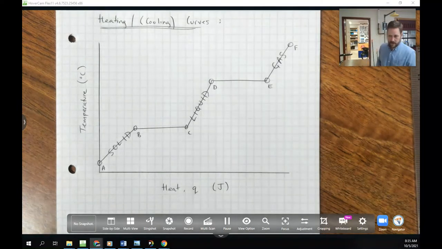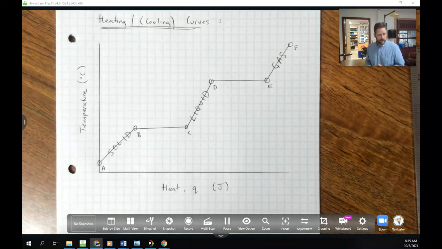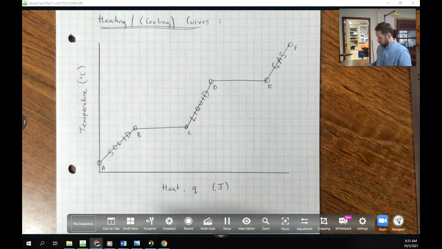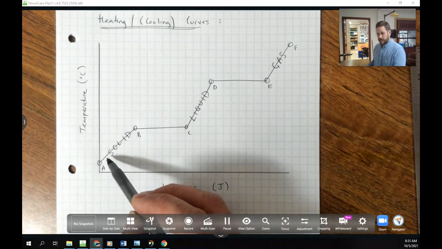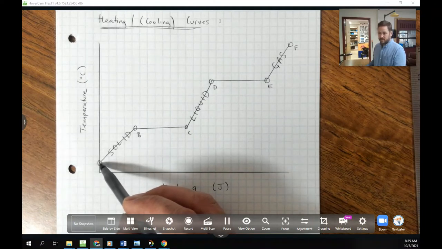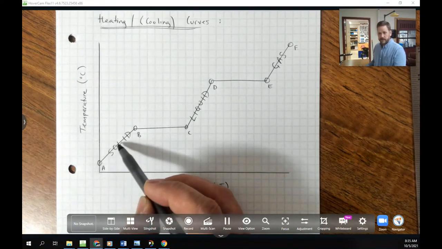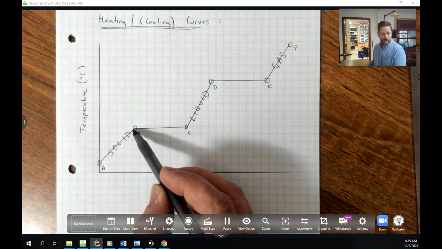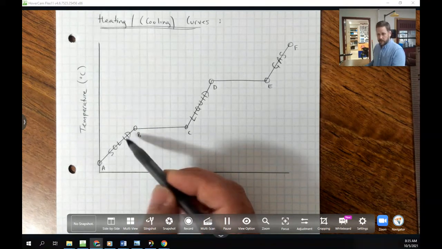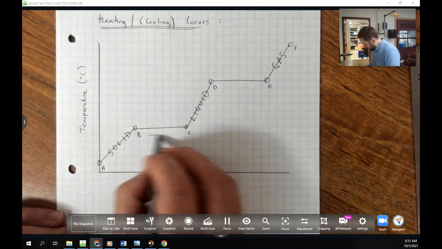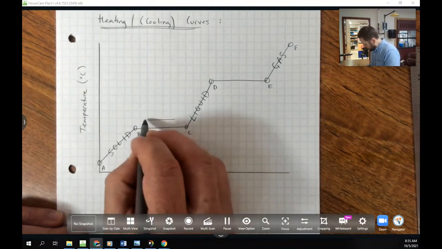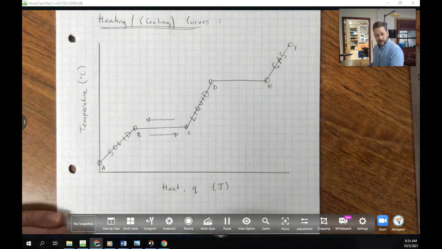The other parts of the line that I want to label are going to include phase changes that are occurring. And the key idea here is that if you heat a solid like ice, let's say we're starting at negative 40 Celsius, very, very cold, and you heat it up, eventually you will get to its melting point, also known as its freezing point. And when you do, if you continue to add heat energy, then we're going to have melting occur. But if you were going from right to left, then we would have freezing occur.